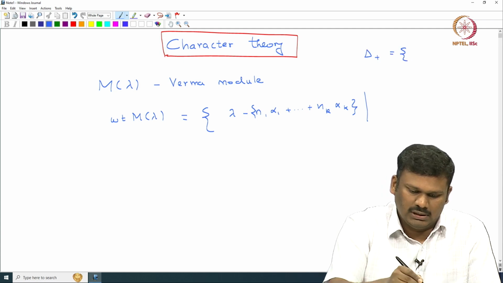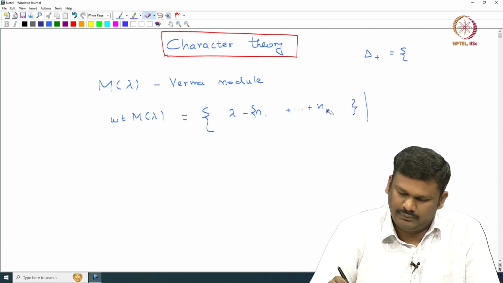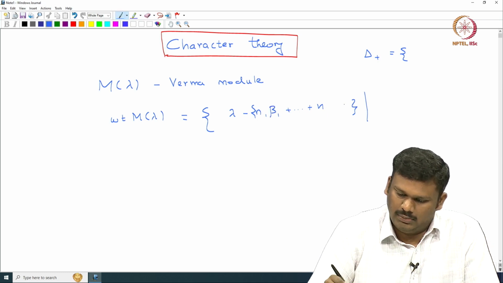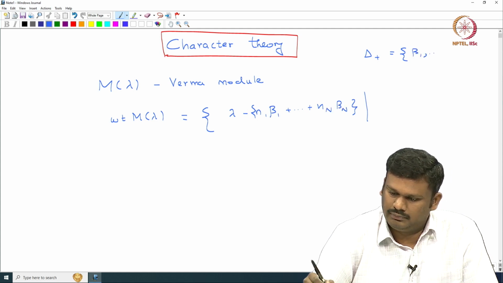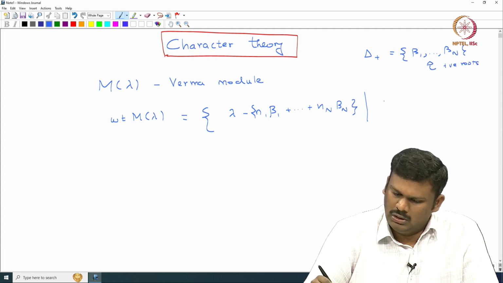So, maybe I will use a different notation. So, let us write it as beta, so beta 1 up to beta n. So, these are the positive roots, where these n1 etcetera nk are all non-negative integers.